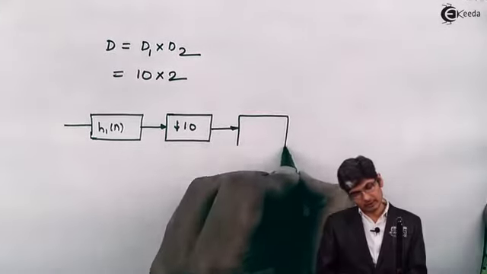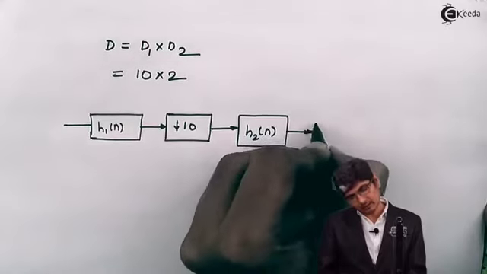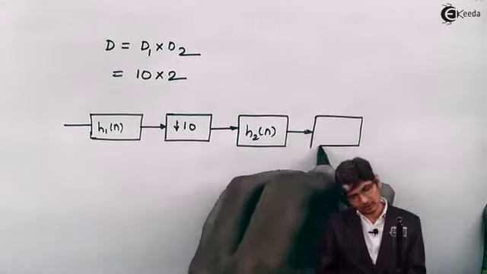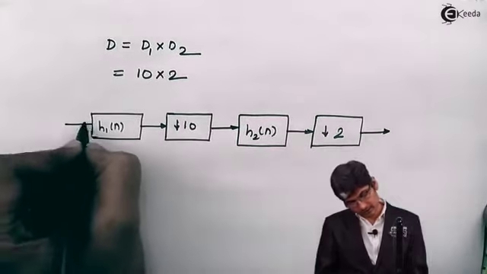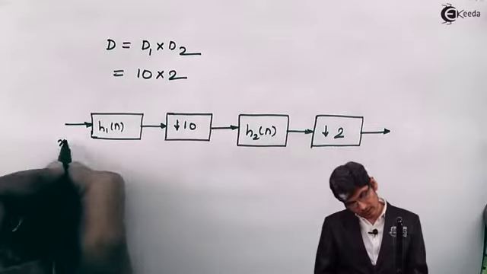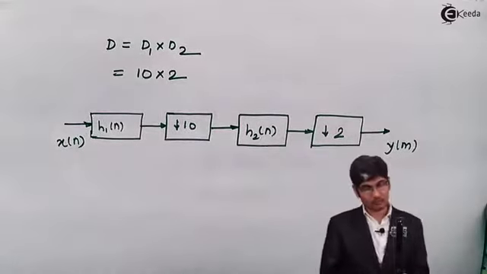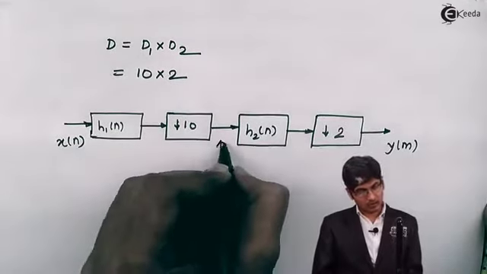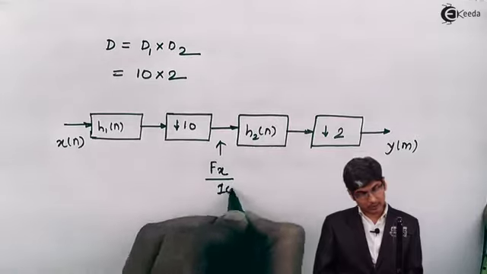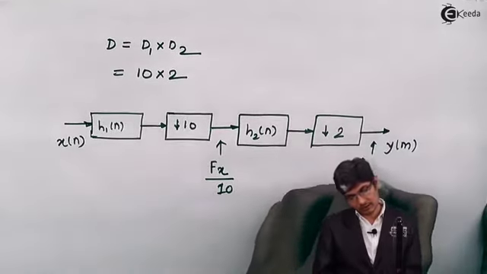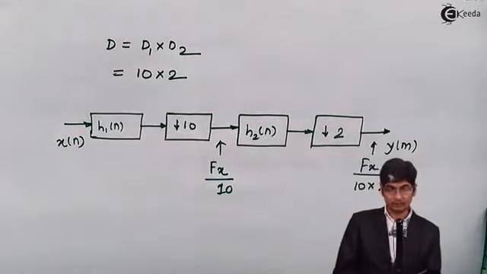Then again I'll give the output as an input to H2(n), and then there will be a decimation factor of 2. Here the input will be x(n), and here we'll get y(m). Here the rate will be fx by 10, and here it will be fx by 10 into 2, which is nothing but 20.